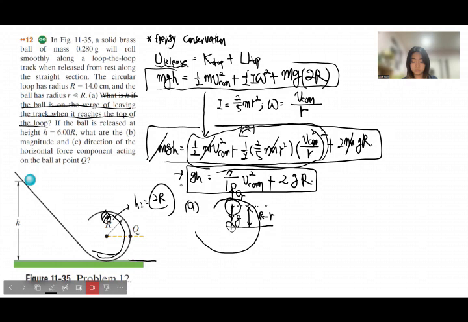So this normal force Fn is about 0. That's the meaning of this.